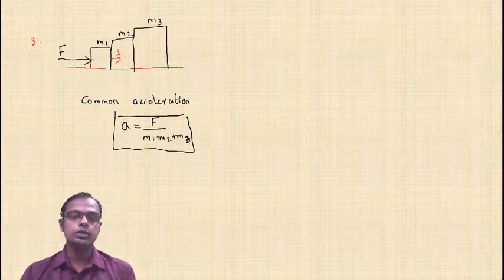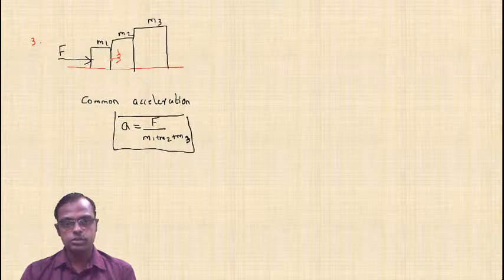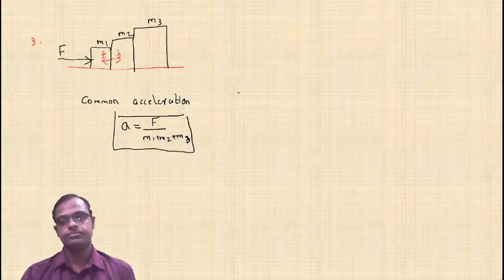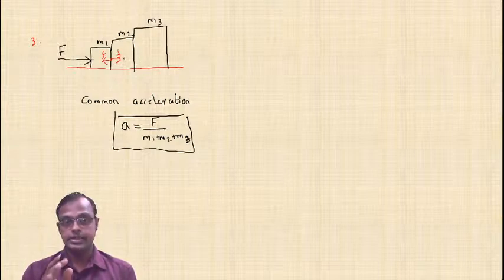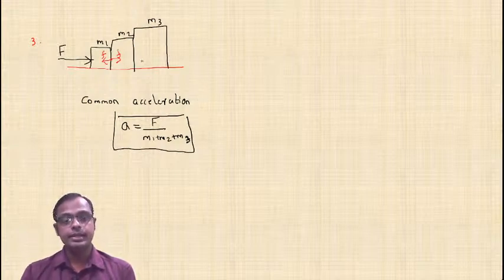According to Newton's third law, there will be a force acting in the opposite direction also, and that will also be F. Then next, M2 will apply a force on M3. We will write it as F dash.